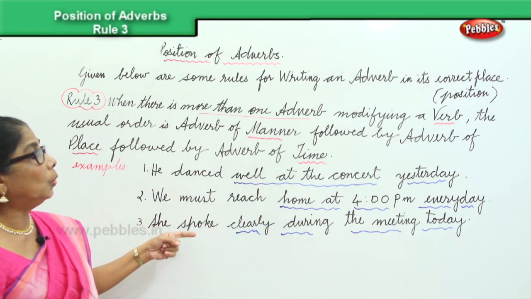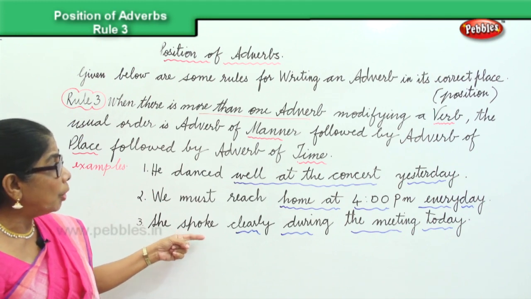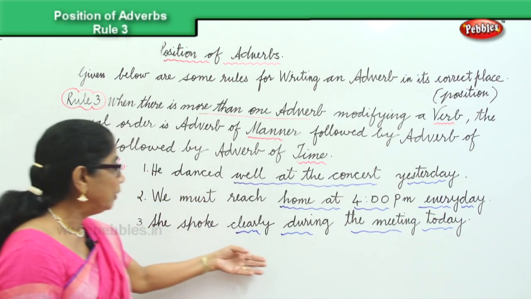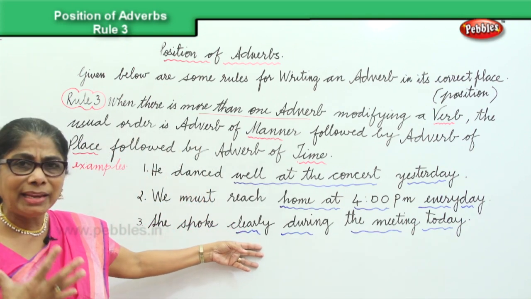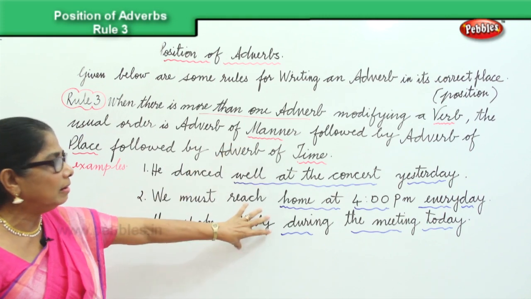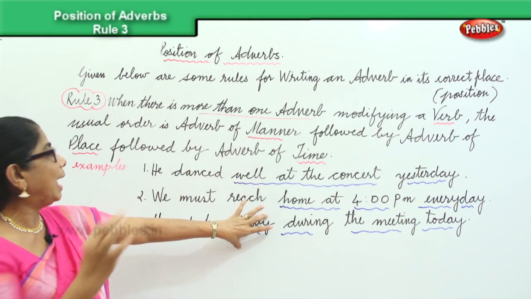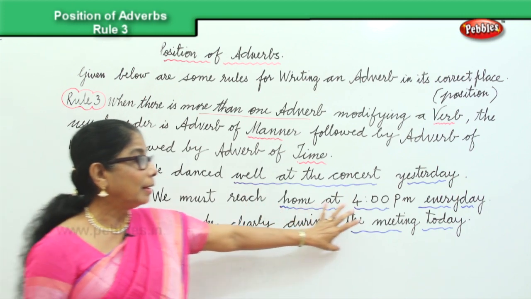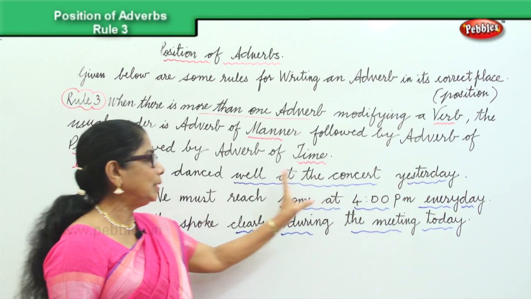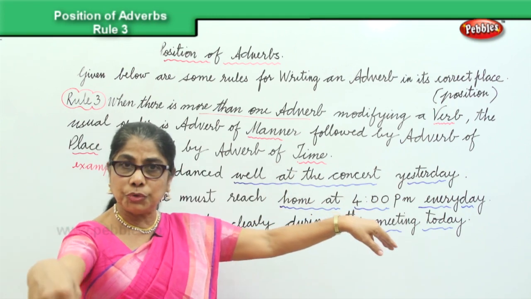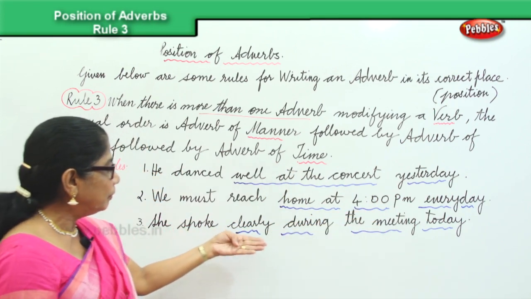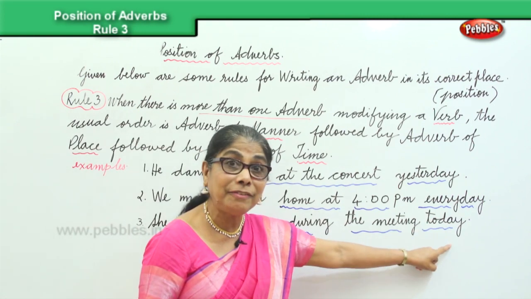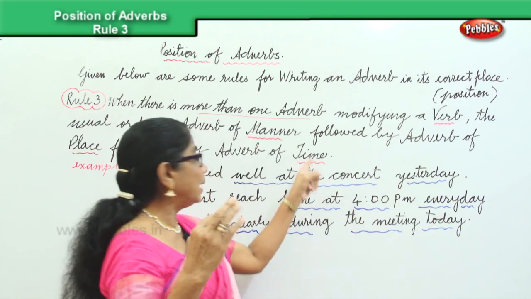Spoke is the verb modified. When you say clearly, in what way did she speak? Adverb of manner, clearly. Adverb of place, where did she speak? Meeting. What time did she speak? Today. So it follows adverb of manner, adverb of place, adverb of time.